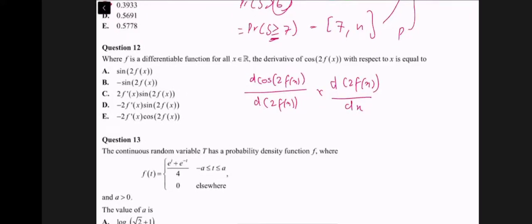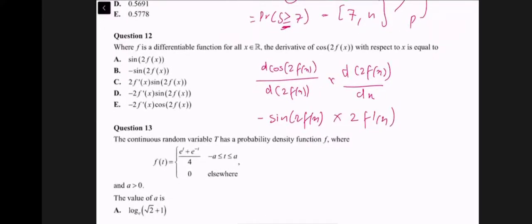So if we differentiate this, it's going to be negative sine 2x, negative sine 2 of f(x) times 2 of, sorry, my pen is going all over the place. So yeah, negative sine 2x times 2 of f dash x.